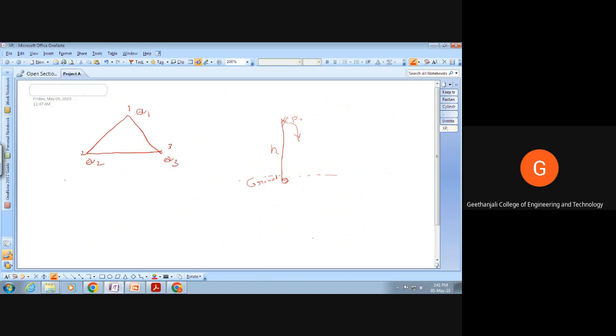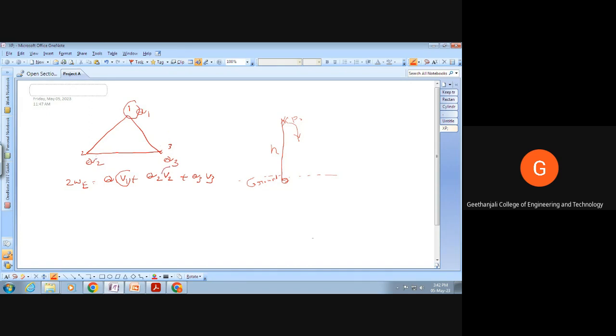So 2WE is equal to Q1 V1 plus Q2 V2 plus Q3 V3. What is V1? The total potential at point 1 because of Q2 and Q3.